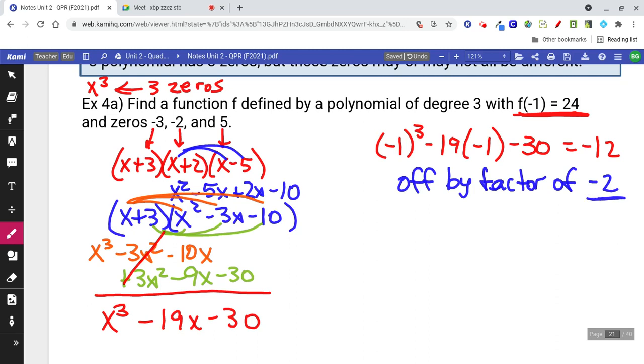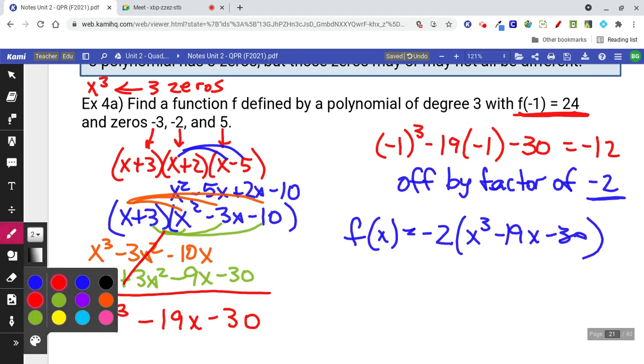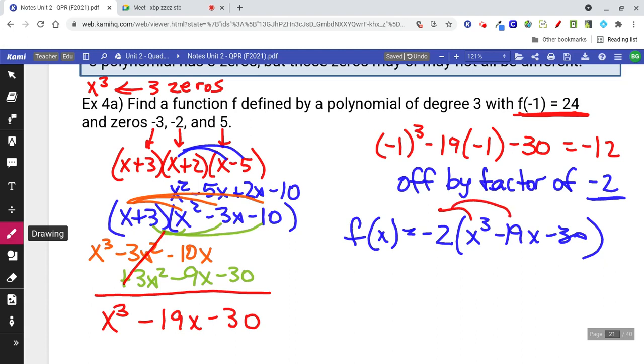And so what I'm going to do, my function is negative 2 times what I just got there. So distribute: negative 2x cubed plus 38x plus 60.